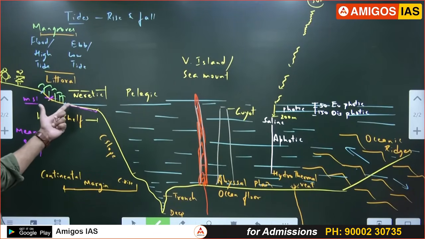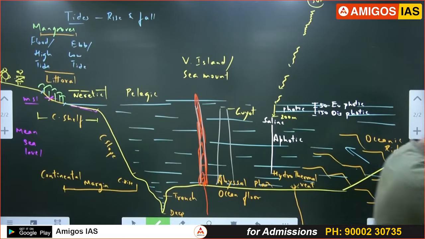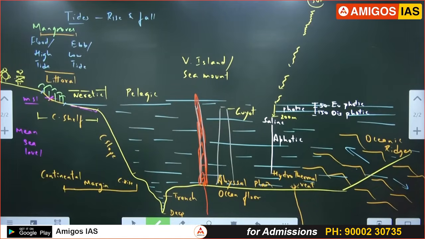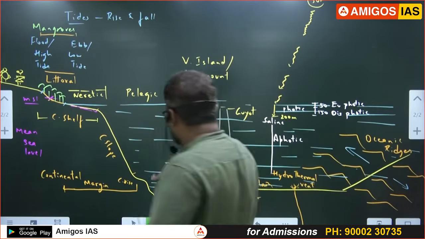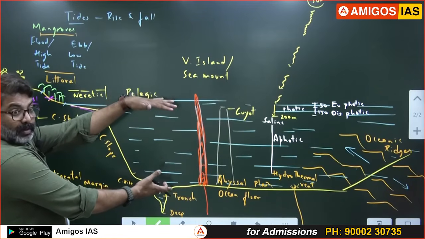Tidal zone. Littoral. So if I start walking, let's say I'm standing on the beach here, walking towards the water. First I'll get what? Littoral zone. Then I'll get what? Neritic. After this it is all pelagic. Pelagic is a deep ocean zone. Big organisms live here, like whales.